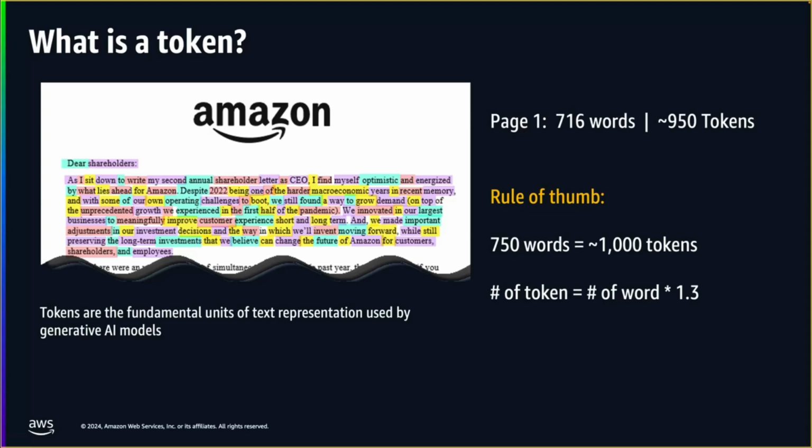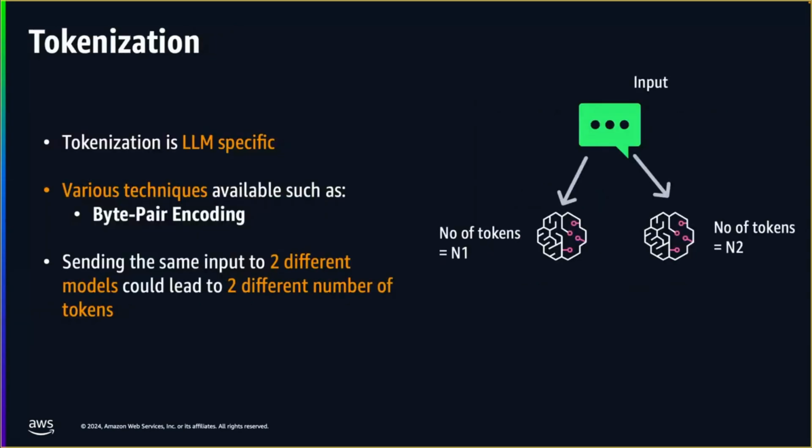It's basically 750 words, which would be around 1,000 tokens, but there is not much sense to try to estimate the amount of tokens like that. I will explain why. The reason I'm telling this is just for everyone to be on the same page, that more input text will generate more tokens. So it's proportional, right? And the process of conversion or breakdown of text to tokens is called tokenization.